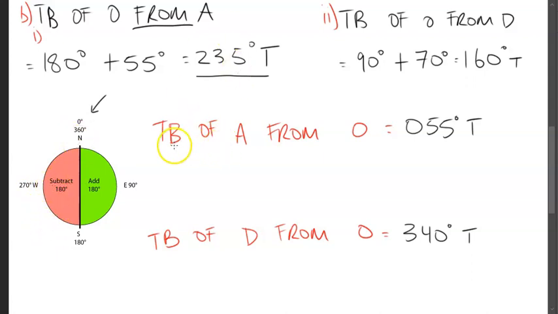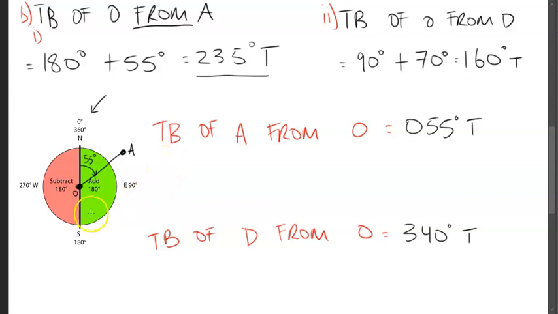So let's have a look. We have the true bearing of A from the origin O. So our origin was here, and from O to A was 55 degrees, so roughly there. So there's point A, there's our origin. This degree here was 55 degrees.